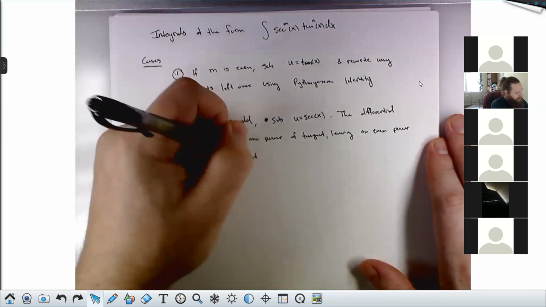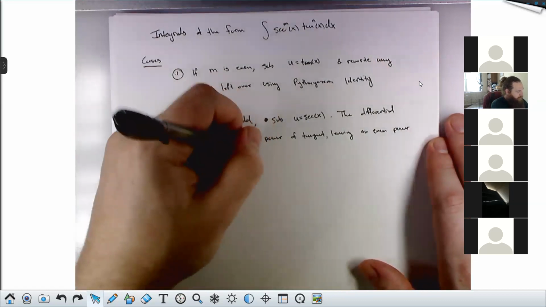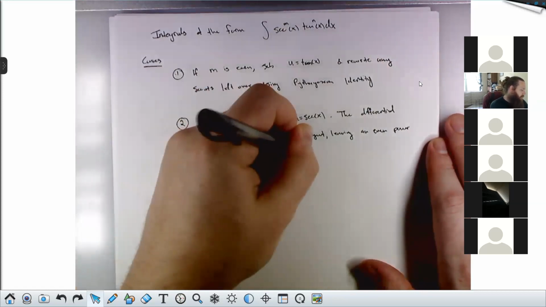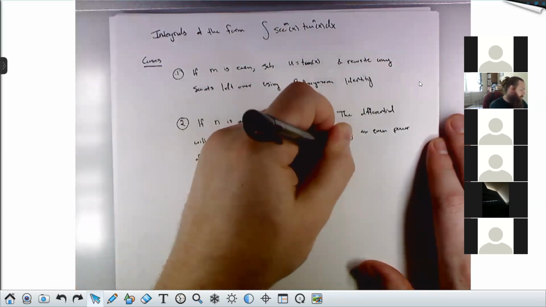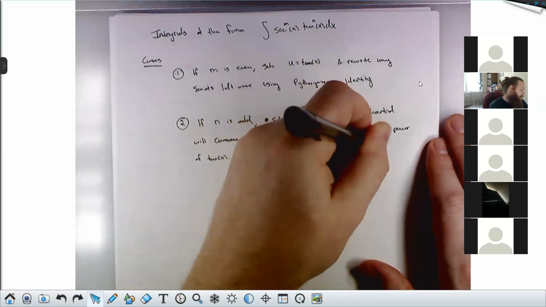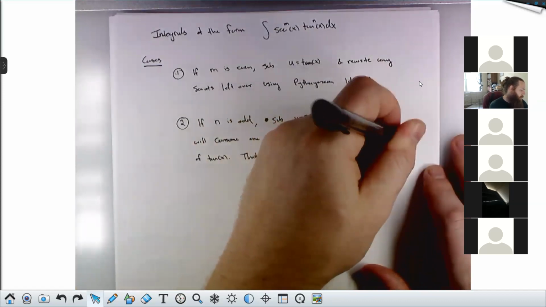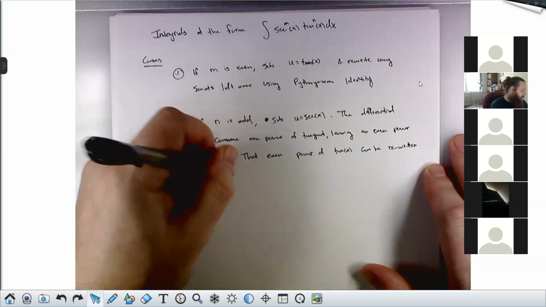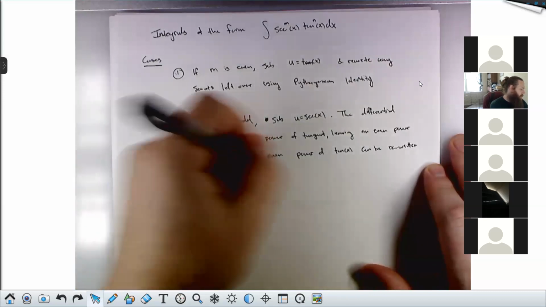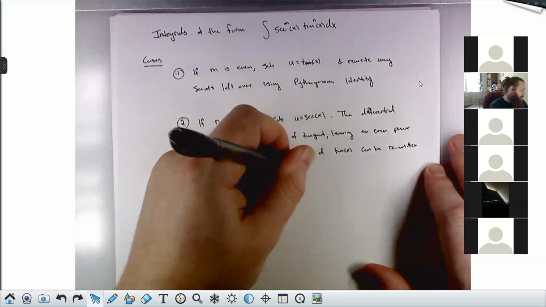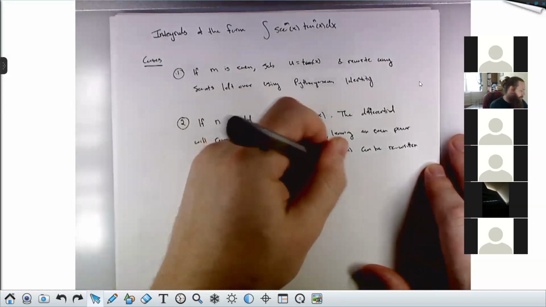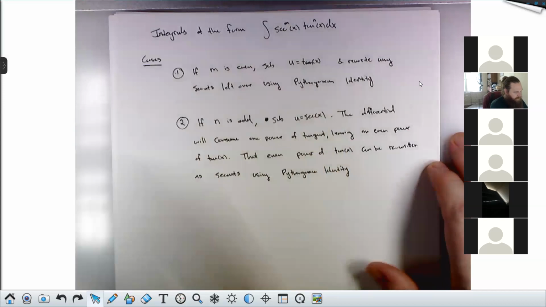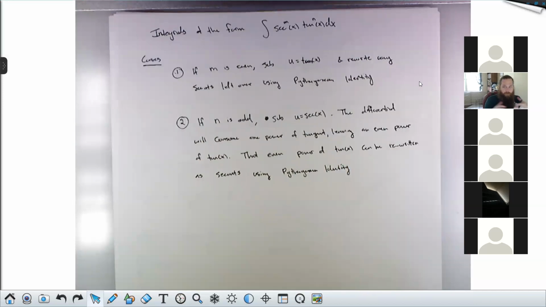That even power of tangent can be rewritten as secant using the Pythagorean identity. And then you're home free, right? Once you've got all secant stuff, that's all u stuff. So then you just go ahead and do the integral.